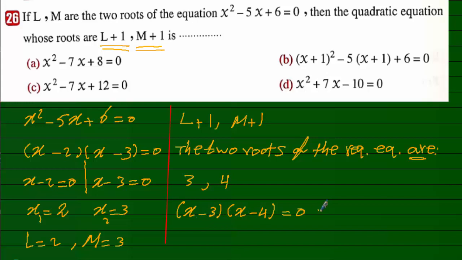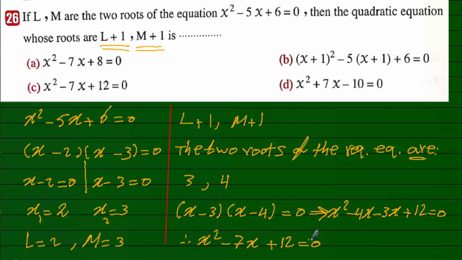X multiplied by x equals x squared. X multiplied by negative 4 is negative 4x, negative 3x plus 12 equals 0. So we have x squared minus 7x plus 12 equals 0 is the required equation.